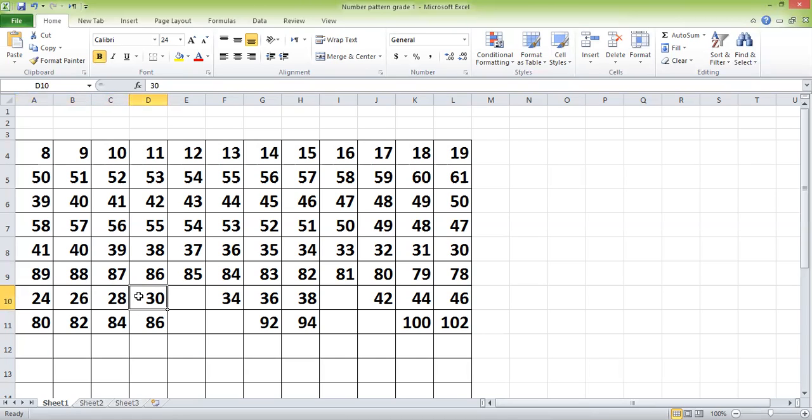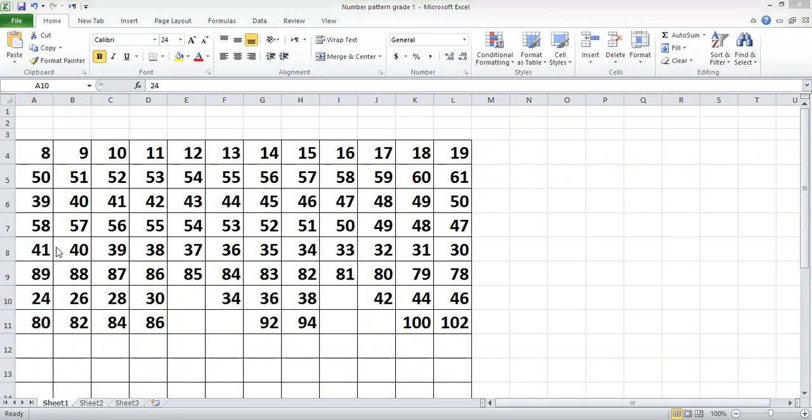Smallest to greatest means, guys, you are counting forward. You are not counting back, you are adding. You are not subtracting, you are adding. When a pattern is arranged from smallest to greatest, that means you are adding. How much you are adding, you have to identify.